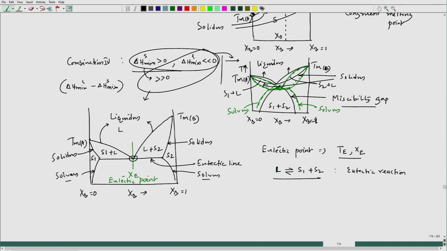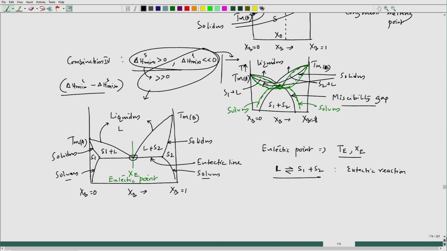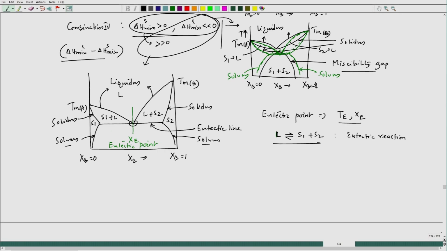Fine. Now, let us have a situation where we increase that difference further. So, what will be the situation? Now, we can have two more situations like that. Let me go to the next page.